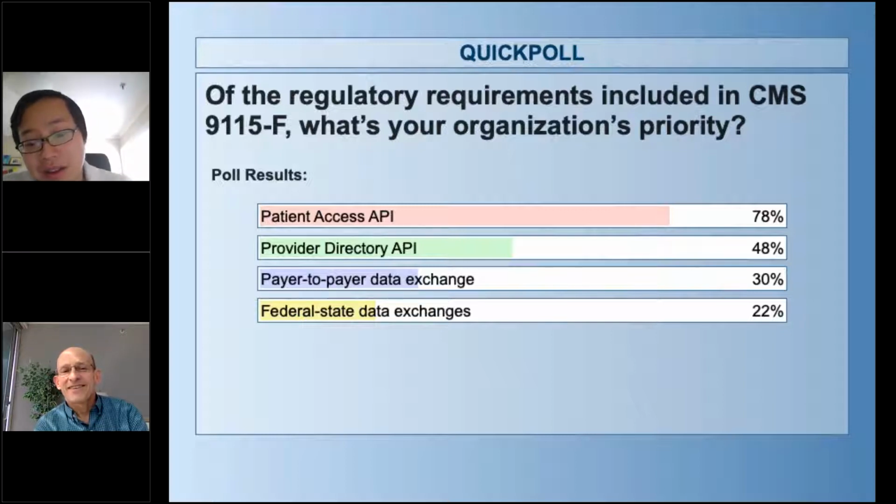I think I expect results of kind of this slant. I think part of it is really a focus on the near-term requirements around the patient access and provider directory APIs. I also see the industry really focused on the patient and the member side.